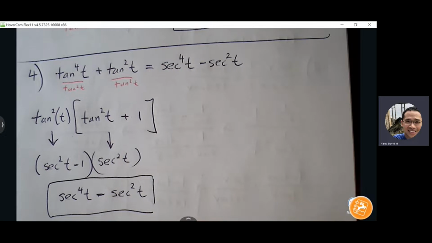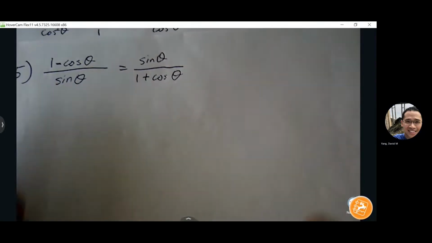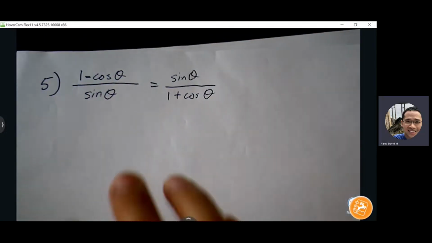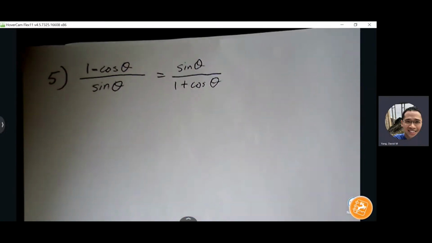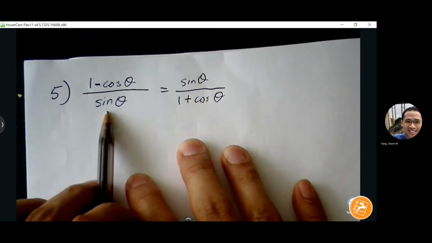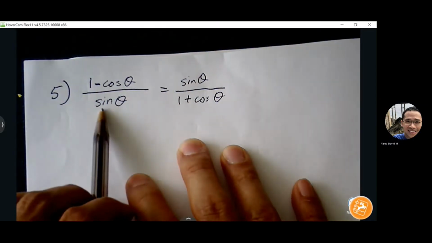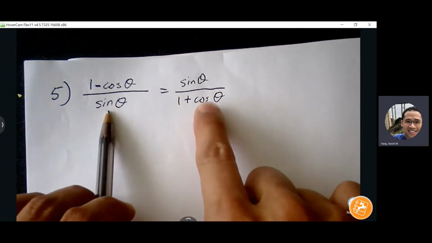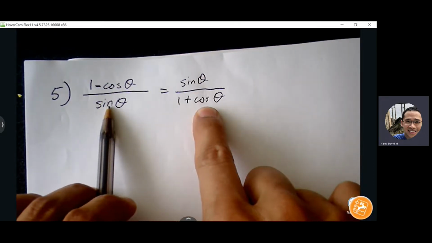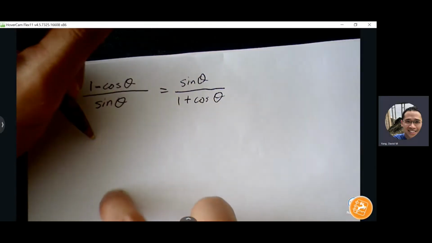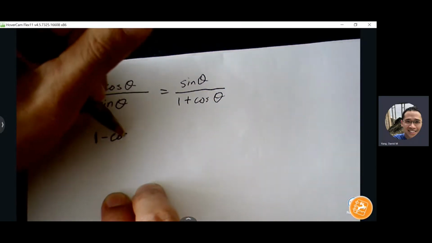All right, number 5. All right, we're just playing with the left side here. I mean, we really can't cancel anything out. We're almost to where we want to be anyways. So I think we've seen this strategy before, right?